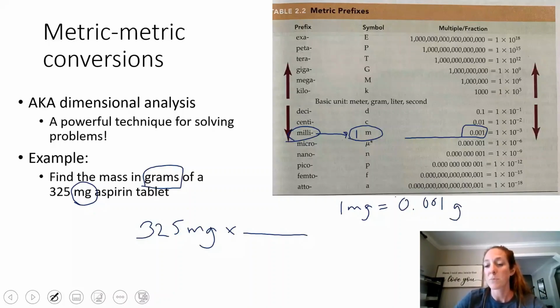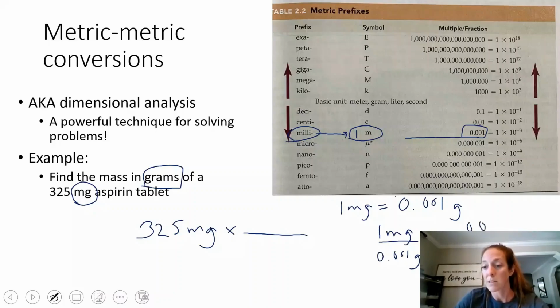Now, what we said in the previous slide is I can make that conversion factor. I can write a fraction. I can write it 1 milligram over 0.001 grams, or I can say 0.001 grams over 1 milligram.